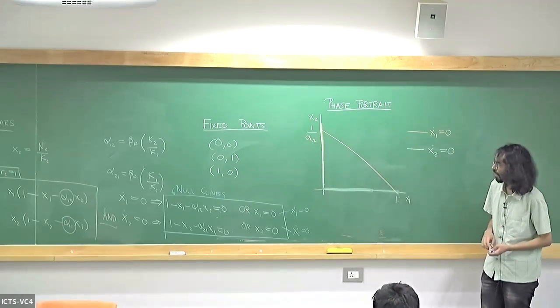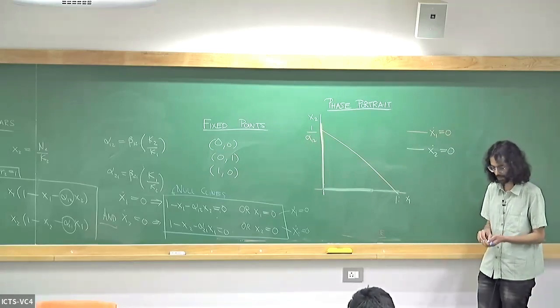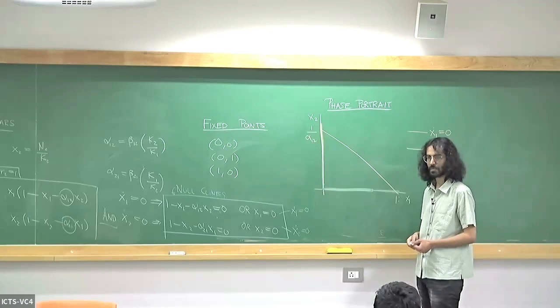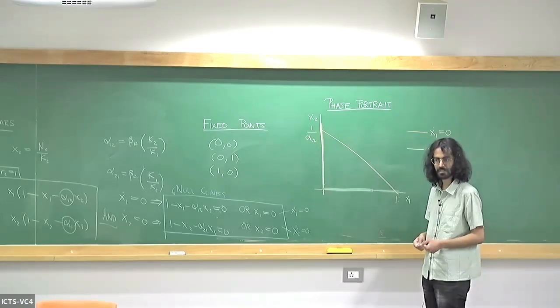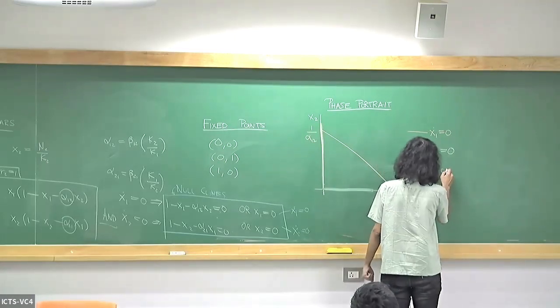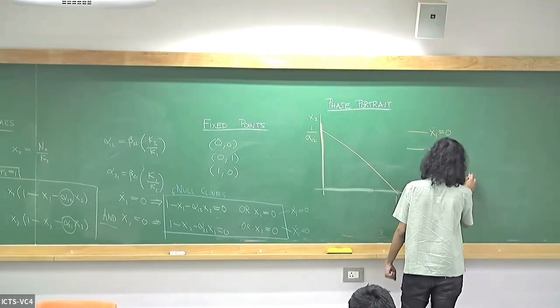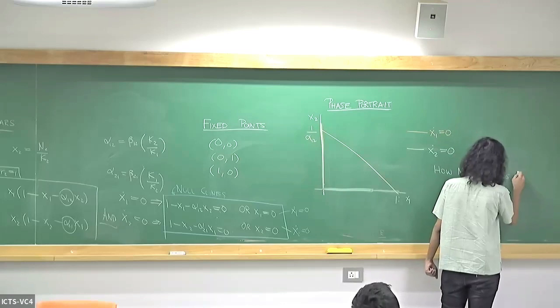Okay, now I want to make the second line. Okay, but here is where I'm stuck a little bit. Can I just make that line, or are there cases that I need to consider? I need to consider cases, right? So I'll just give you the following question and you think about it and vote on your own. How many cases do I need to consider?